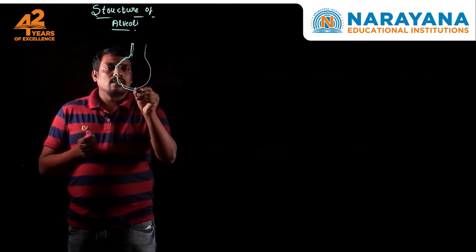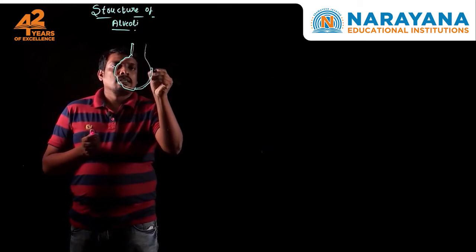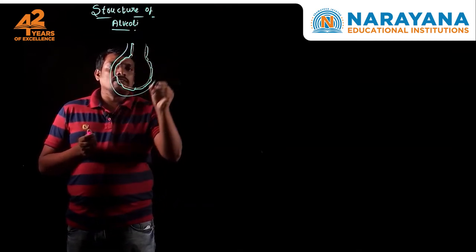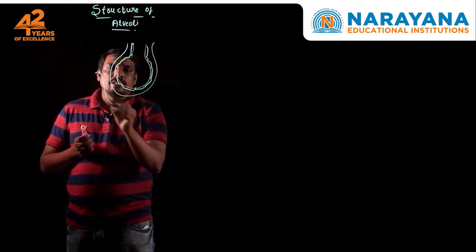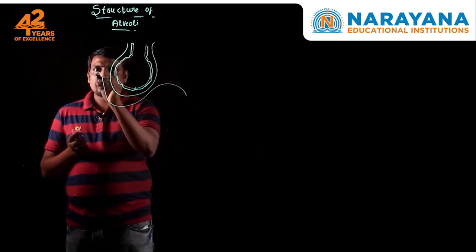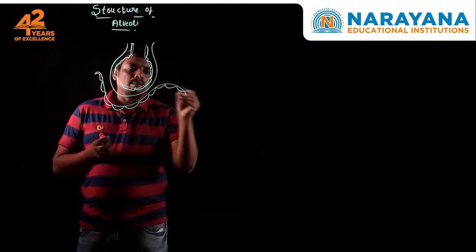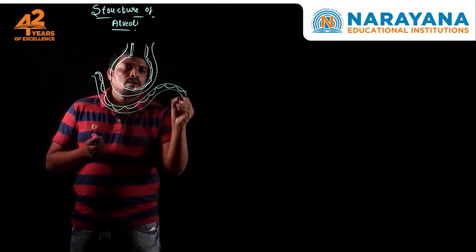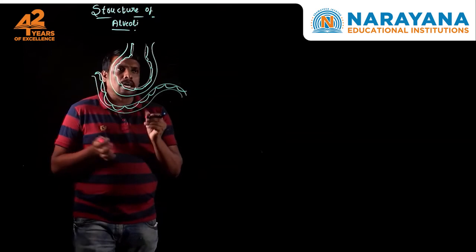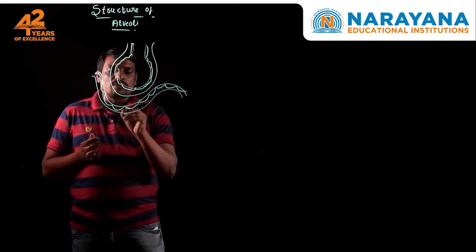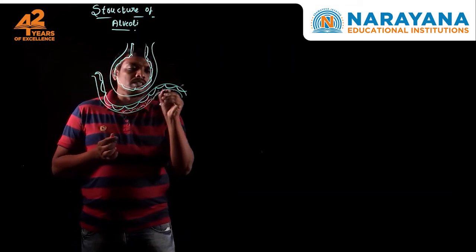Around this alveolus, you can see the blood capillaries. So imagine these are blood capillaries. Inside this blood capillary, what will happen? Continuously the blood flows, isn't it?